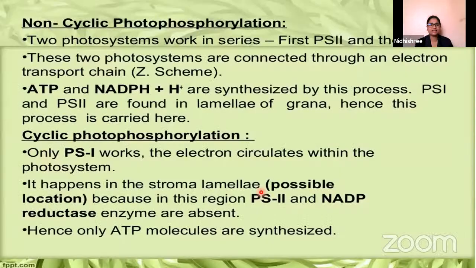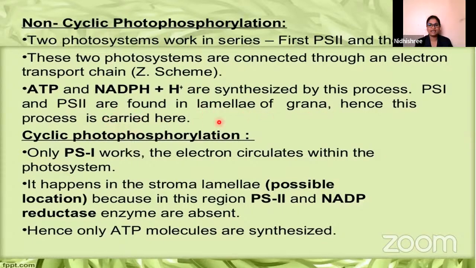Okay, now let us brush up some ideas, then we will solve some questions. So we are discussing non-cyclic and cyclic photophosphorylation. In non-cyclic, ATP and NADPH plus are synthesized. These two are the products formed by non-cyclic photophosphorylation, with PS2, found in lamellae of grana.